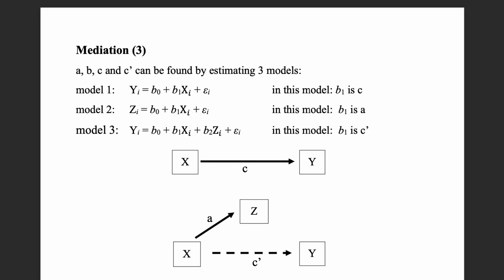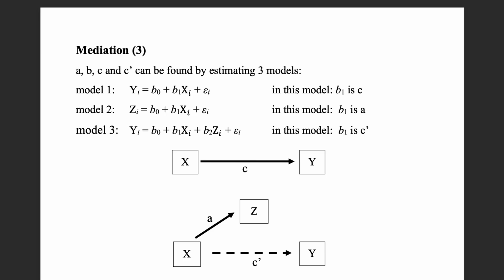So now we get a new effect for our X variable on our dependent variable Y. This B1 coefficient in this third model is the effect of our X variable on the dependent variable, controlling for or adjusting for differences in our mediator variable. In other words, it is the effect of X on the dependent variable that is left once we have taken into account differences on our mediator variable. So it is the remaining direct effect in our mediated relationship.